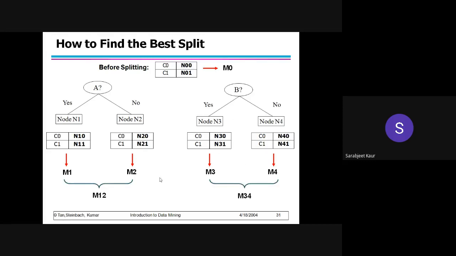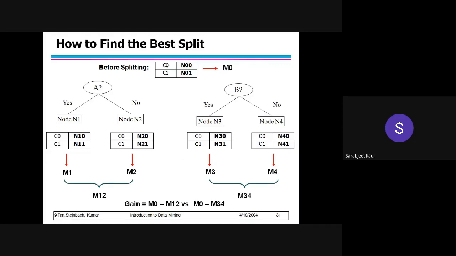Then how do we gauge how much gain we are having in homogeneity or purity? Let the children of A together be called M12. How to compute this M12 from M1 and M2, we will be looking at. Similarly, for the consolidated metric M34 from M3 and M4, we will be looking at that too.